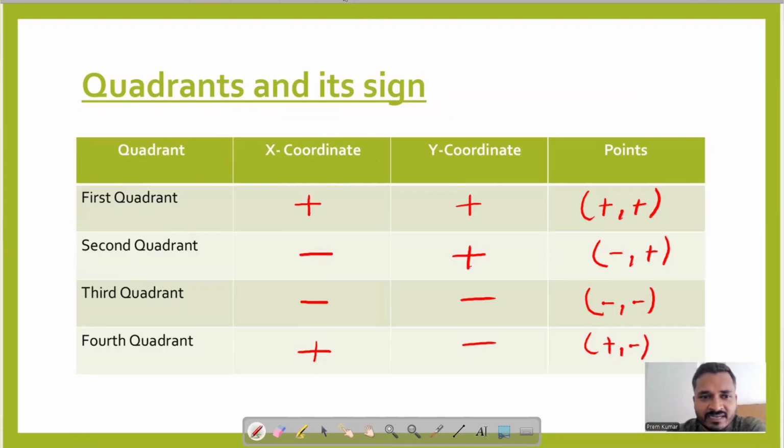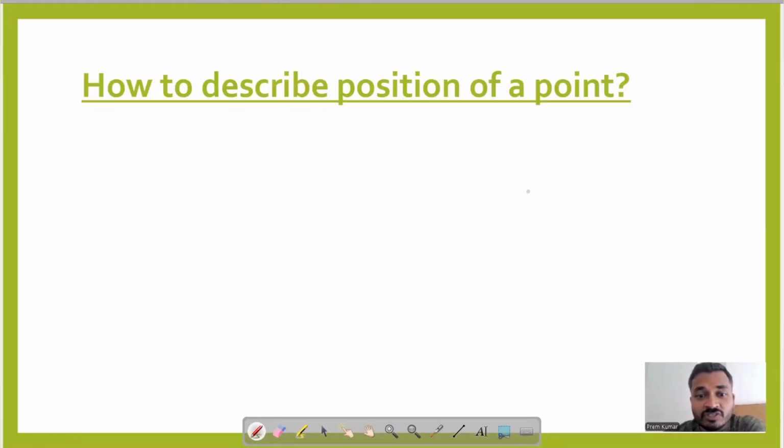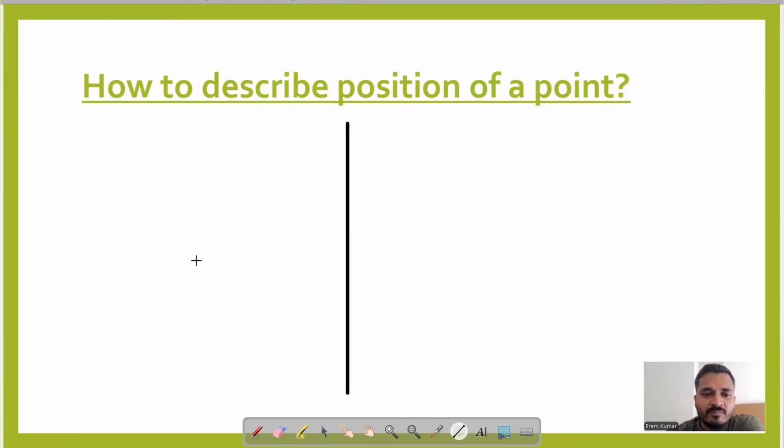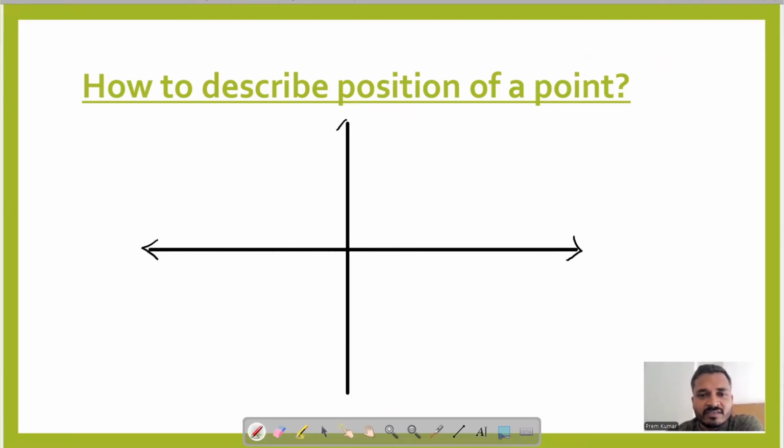Now moving ahead, how to describe the position of a point? See, for describing a point, we must have a point between these two axes. So first one is our x-axis, the sleeping one, and this one is our y-axis, right? So this is x, o, x dash, and this is y, o, y dash.